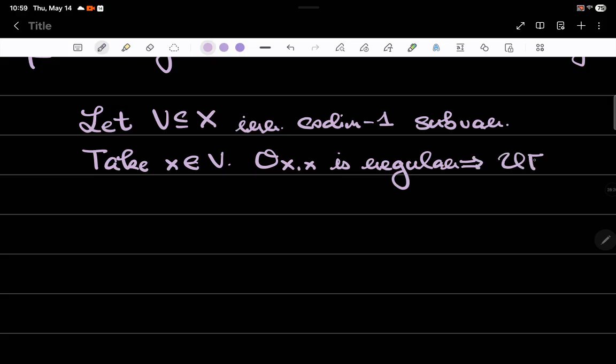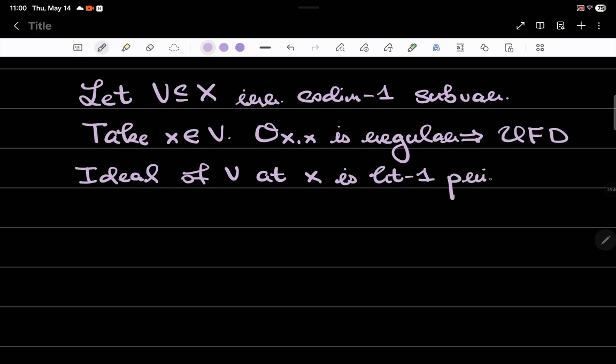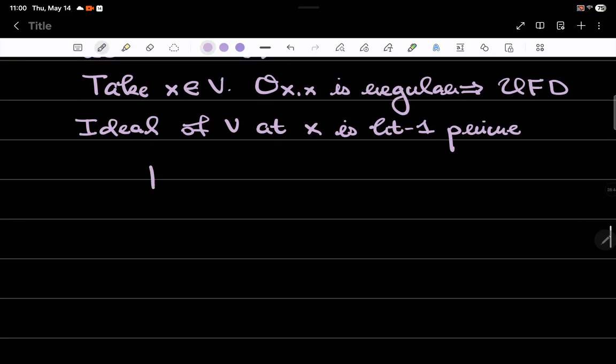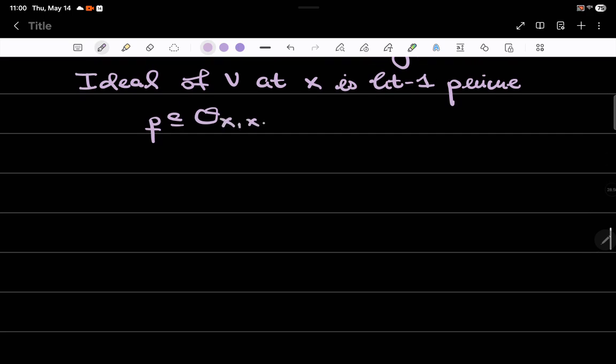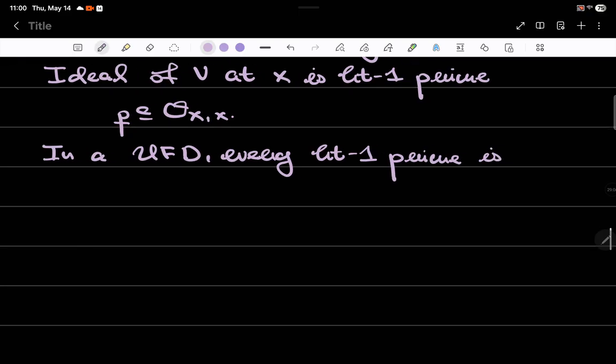So it is a unique factorization domain. Now, the ideal of V at x is a height 1 prime in the local ring, but in a UFD, every height 1 prime is actually principal.